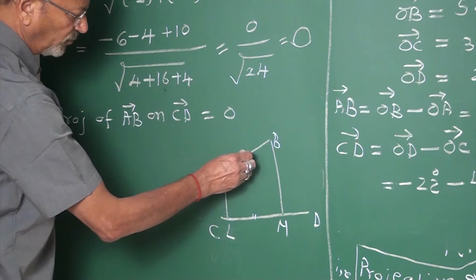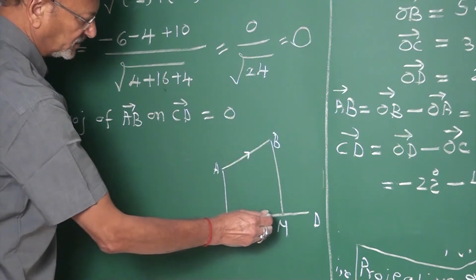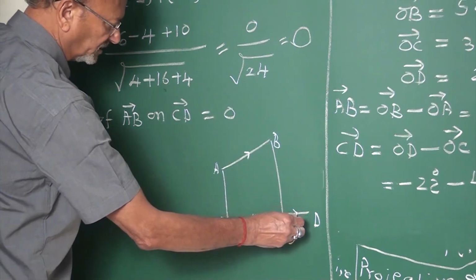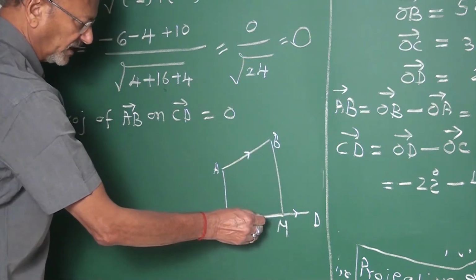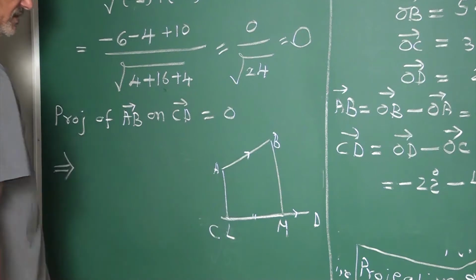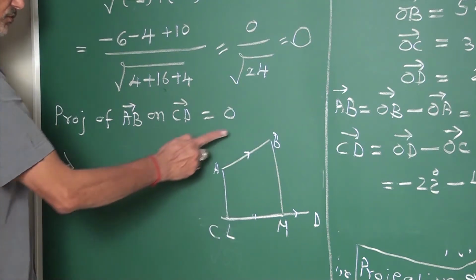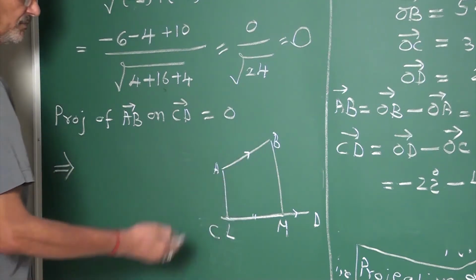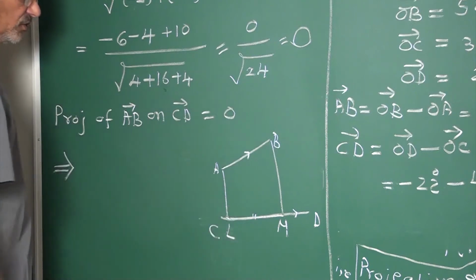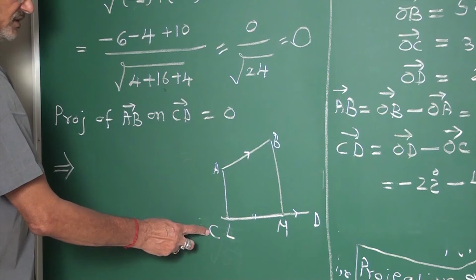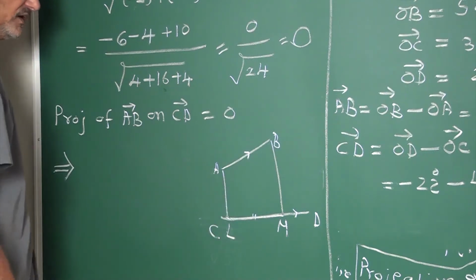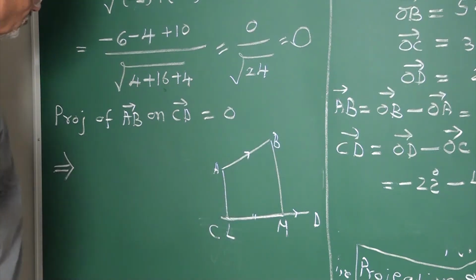LM is, this is vector AB. This is vector CD. Perpendiculars. This line, my friends, LM. This LM is the projection of AB on CD. If the projection is 0, in that case what? Vectors AB and CD are collinear, otherwise they coincide.